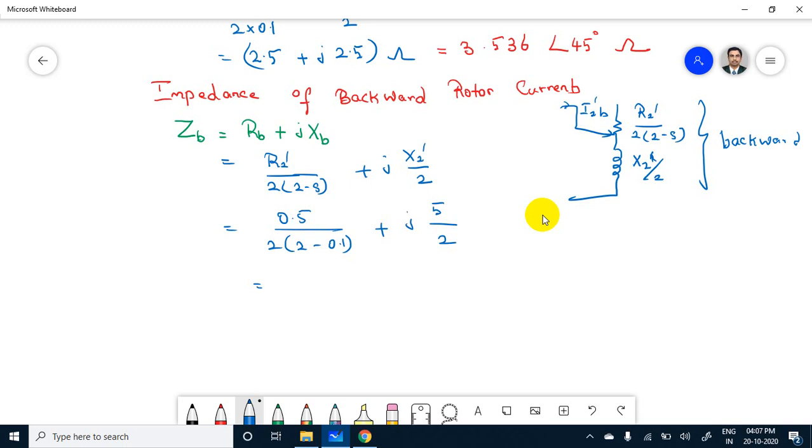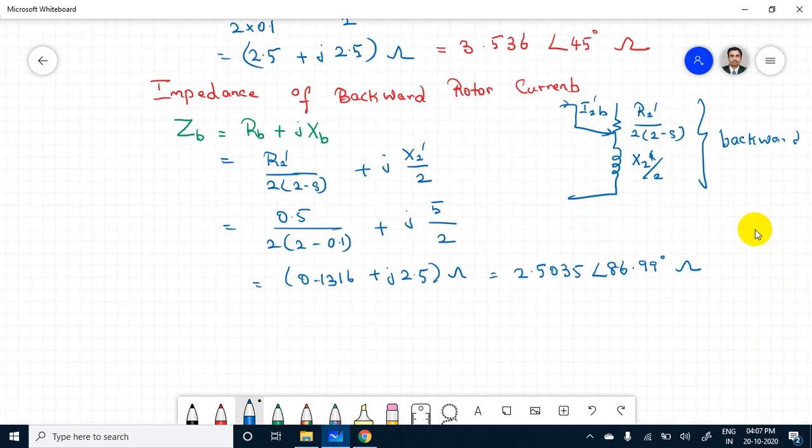We can get 0.1316 plus j 2.5 ohms. If we convert into polar, 2.5035 angle 86.99 degree ohm.